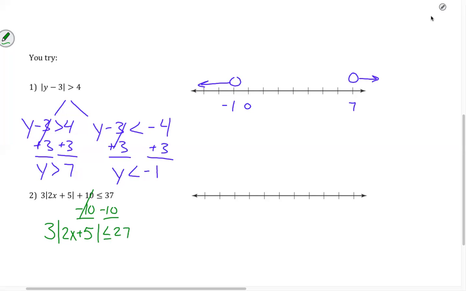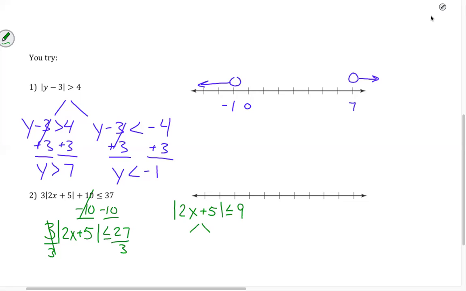Some people might be inclined to distribute that 3 inside. Don't do it. Divide by 3. That gives me the absolute value of 2x plus 5 is less than or equal to 9.